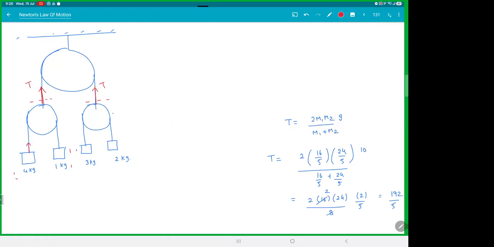So this tension will be T by 2. This weight will be 40 newtons and this acceleration will be A4. This will be T by 2 and this weight will be 10 and this acceleration will be A1. This is T by 2 and this weight will be 30 newtons and acceleration is A3. This will be T by 2 and 20 newtons and acceleration is A2.